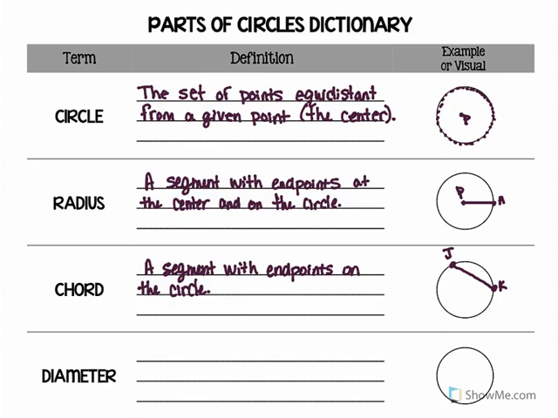Okay, so a diameter is a chord that does pass through the center. So we are going to go ahead and draw that.